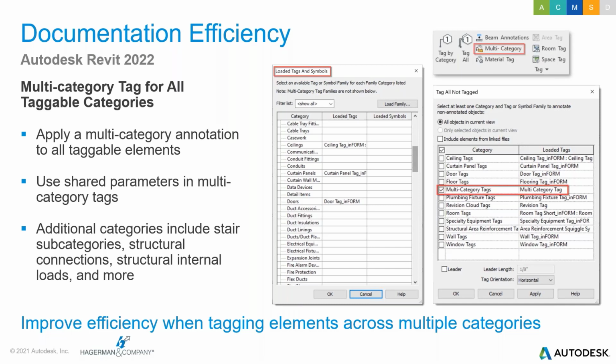In Revit 22, this feature has been extended to support all existing taggable categories. I guess before it was limited to a few, and now it's including subcategories for stairs and structural connections, structural internal load categories, analytical categories, and much more.